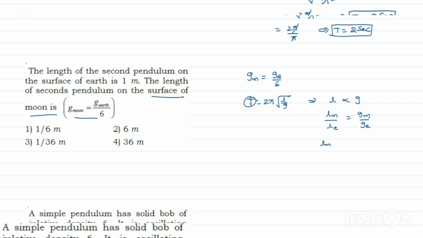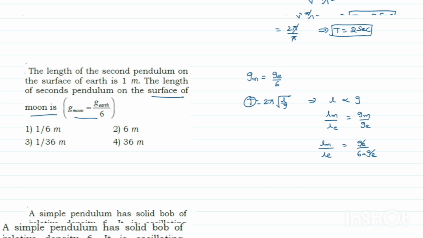So the length of the pendulum on the moon will be equal to the length on the earth's surface times g on the moon, which is g by 6, divided by g, so g gets cancelled.